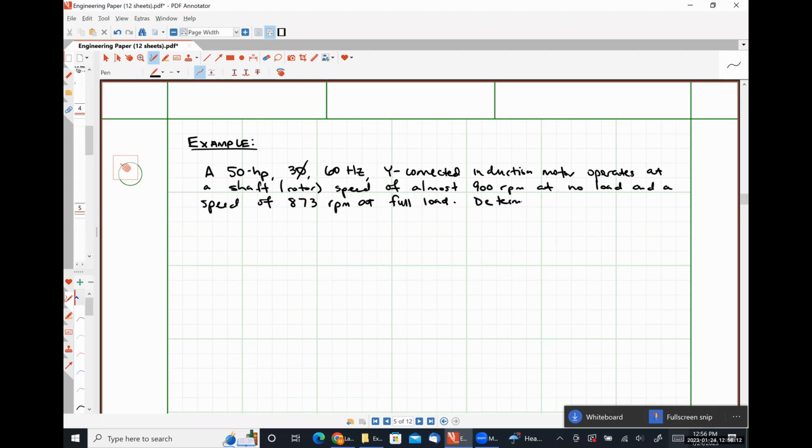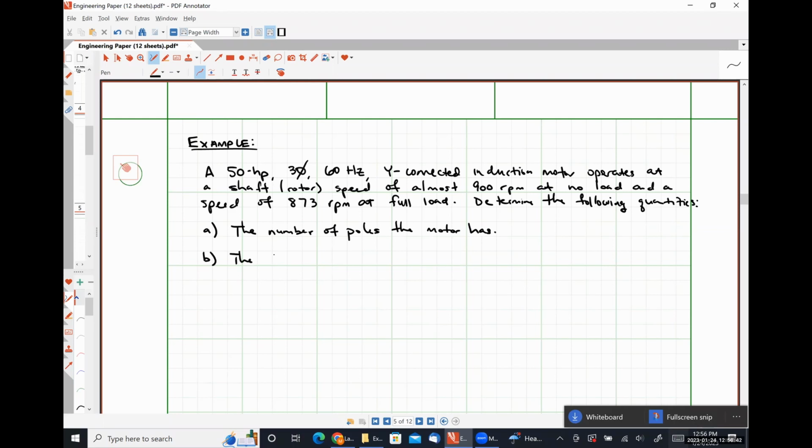I want us to determine the following quantities. A, the number of poles the motor has.